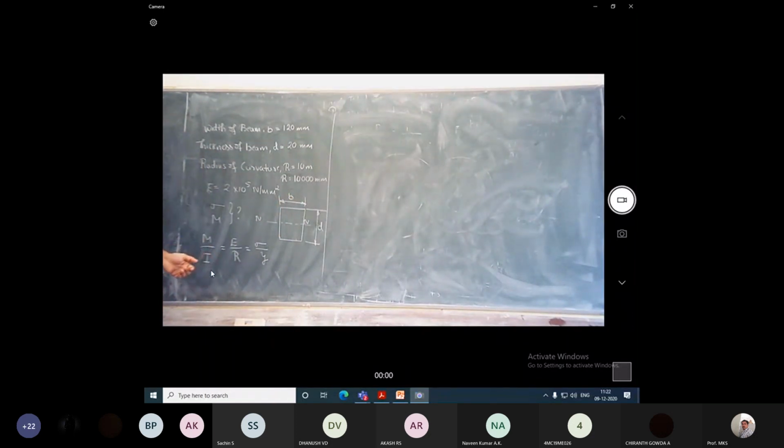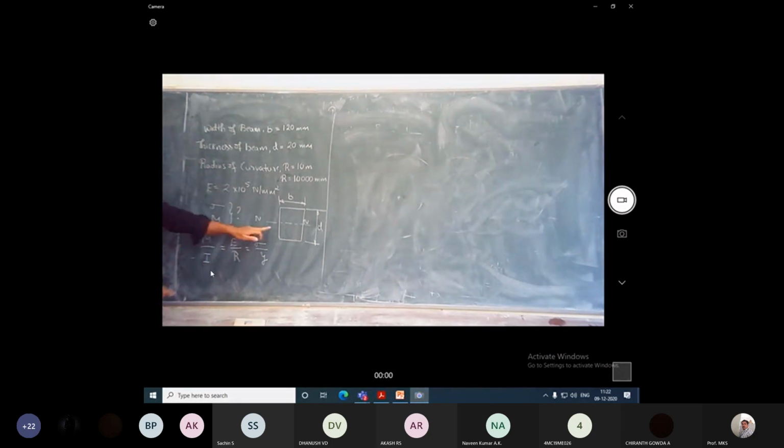So now let me take some combination. If I want to find M, there is E. Modulus is given in the problem. Radius of curvature is also given. So I can use this combination, that is E by R is equal to M by I. Right? So M is not known and I is also not known.